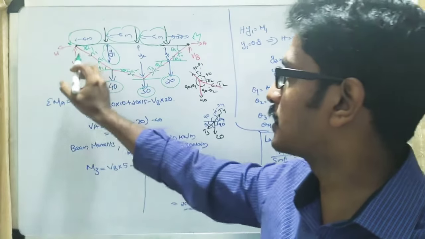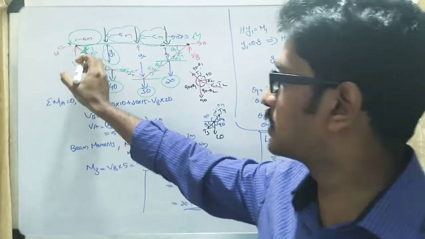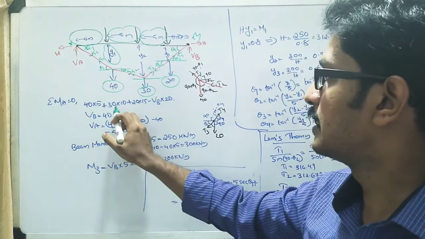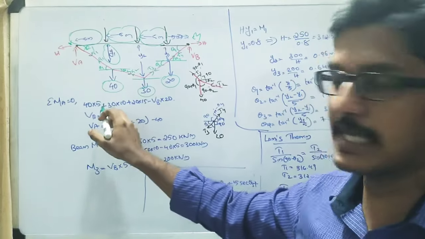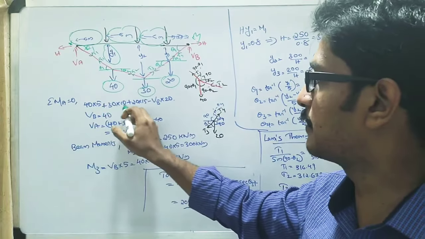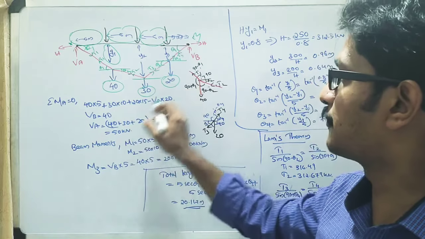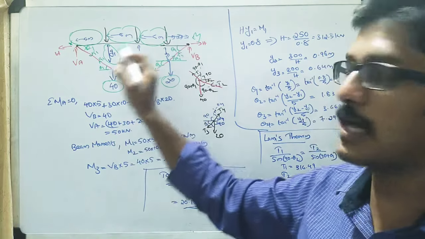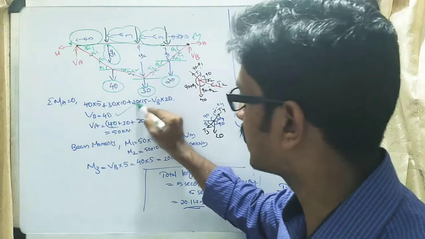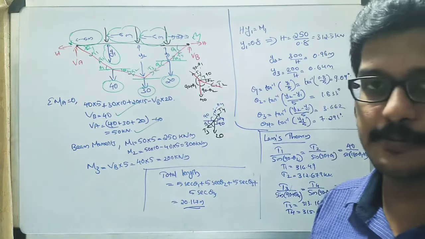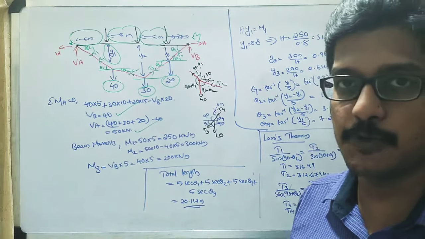So taking moments about this point: 40 multiplied by 5 plus, these all are in clockwise direction, so we are taking in the positive direction, 30 multiplied by 10 total distance, then 20 multiplied by 15, then minus VB, it is in the anti-clockwise direction. So finally we will get VB equals 40 and VA equals 50. These are the 2 values we obtained.